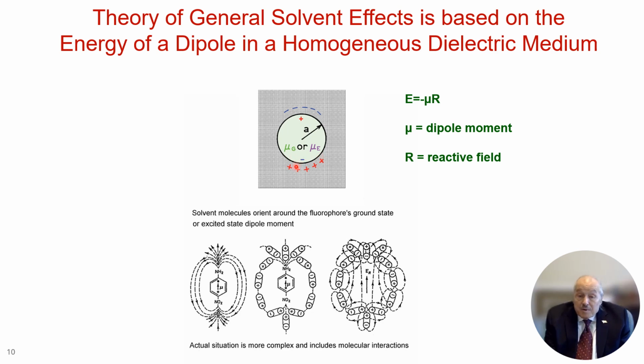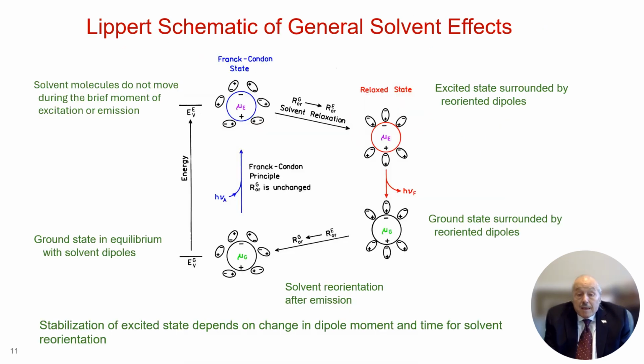So, in the ground state, it's going to have a different dipole moment than in the excited state. And I haven't written down the equations for the reactive fields, but the energies depend on the reactive fields of the solvent. And I've put that together in the next slide so we can track everything that's going on here.